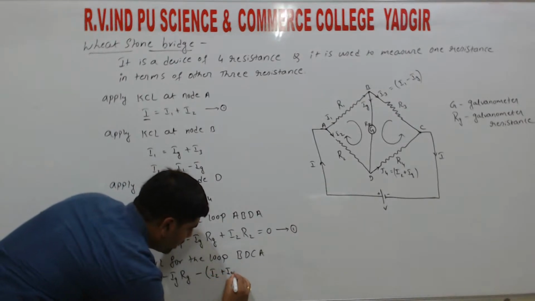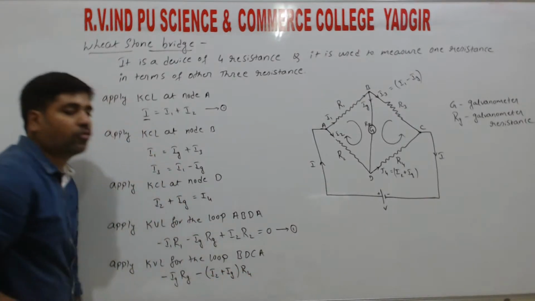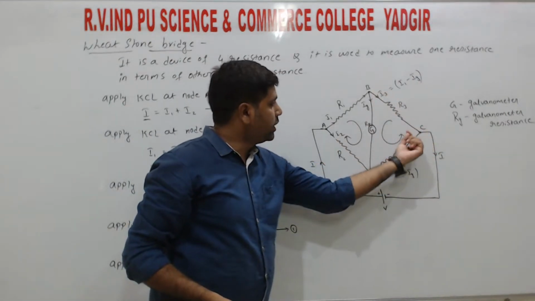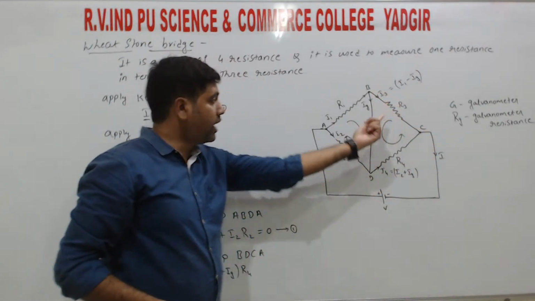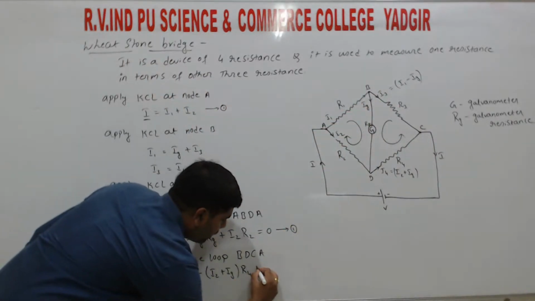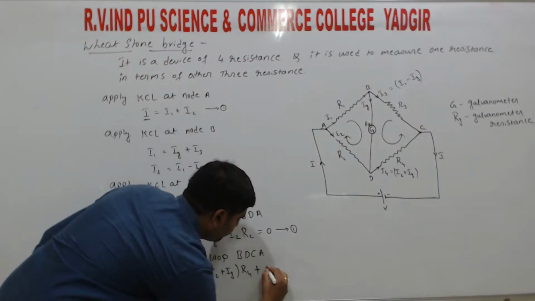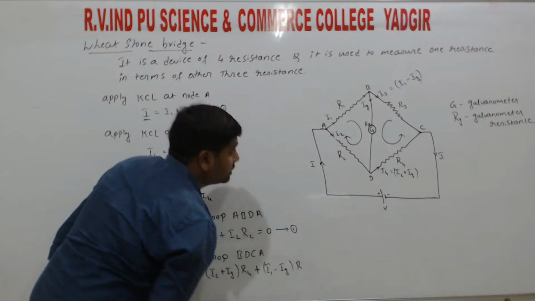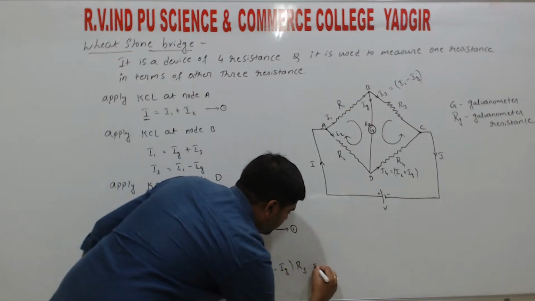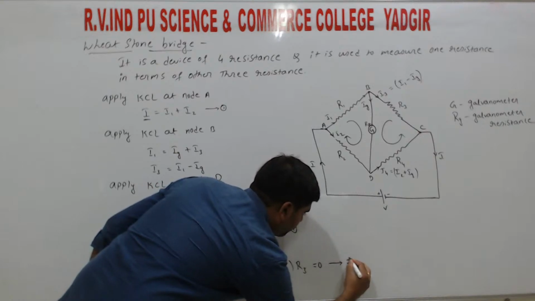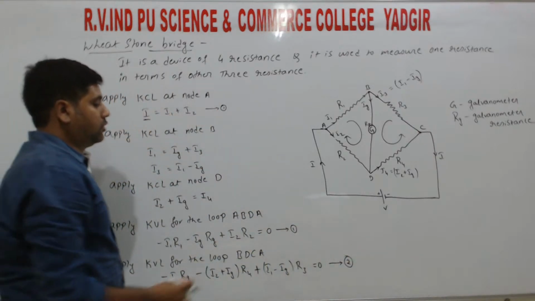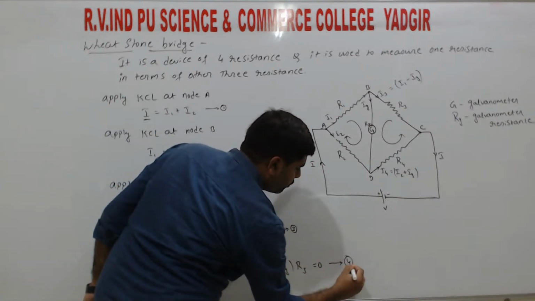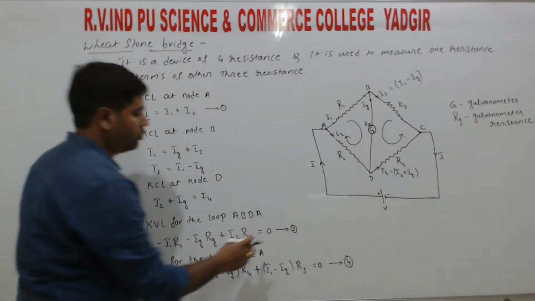Here the current flowing from A to C, but we have taken the opposite direction, hence that voltage drop is positive, plus I1 minus Ig into the resistance R3, that is equal to 0. This is equation 2.